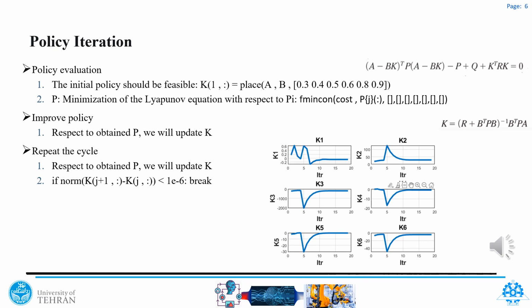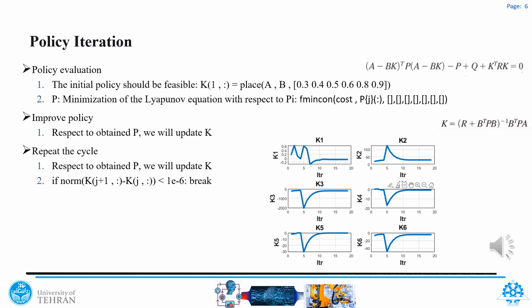To replace the Riccati equation with policy iteration, we should follow 3 steps. At the first step, we have policy evaluation. In this step, we first determine an initial policy which should be feasible.